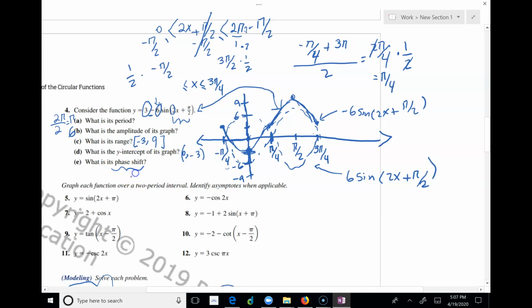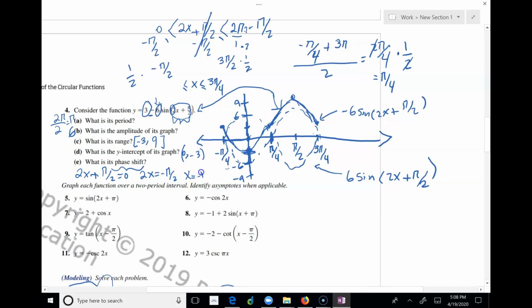And what is the phase shift? You don't use much of phase shift here, although if you're looking for the vocabularies, when you find, in this case, you're moving everything pi/4 to the left. So if you solve inside the parentheses, then you would get 2x is equal to -pi/2.